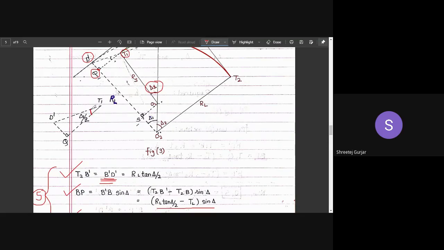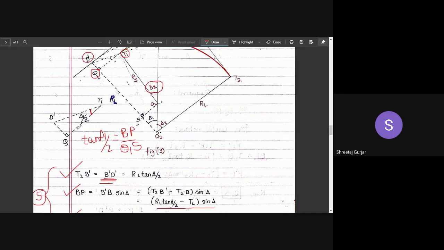Okay, so from this particular triangle, we have to take out tan delta 1 by 2. Tan delta 1 by 2 will be equal to BP divided by O1S. Now tan is what?